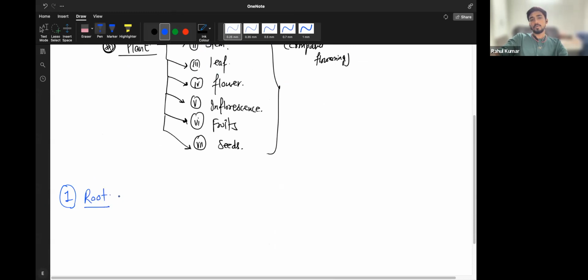So what is a root? What do you know about root? Quick. Shoot your answers. What do you know about roots already? What is a root, Iram? Iram, what is a root?